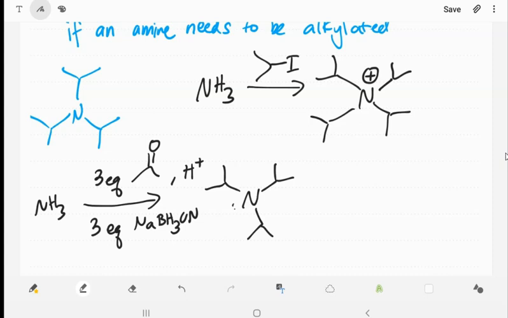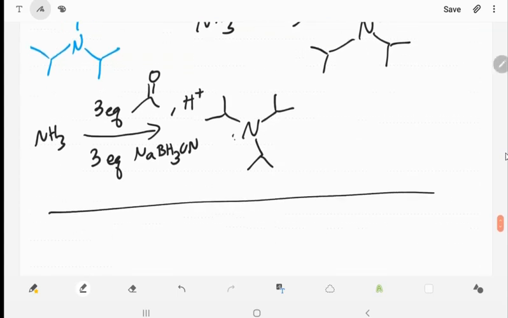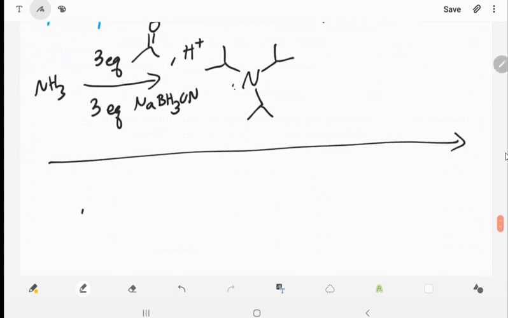All right. Let's talk about acylation. If you treat an amine with an acid chloride, you will get the amide.